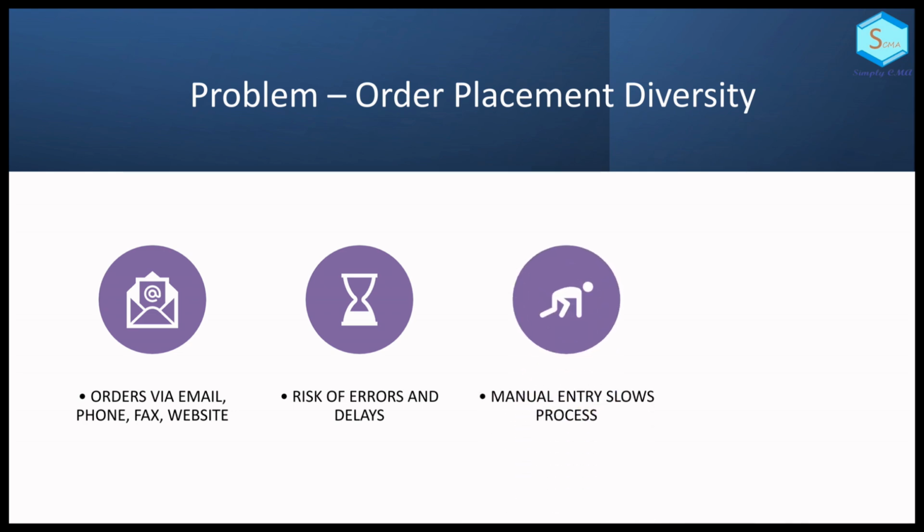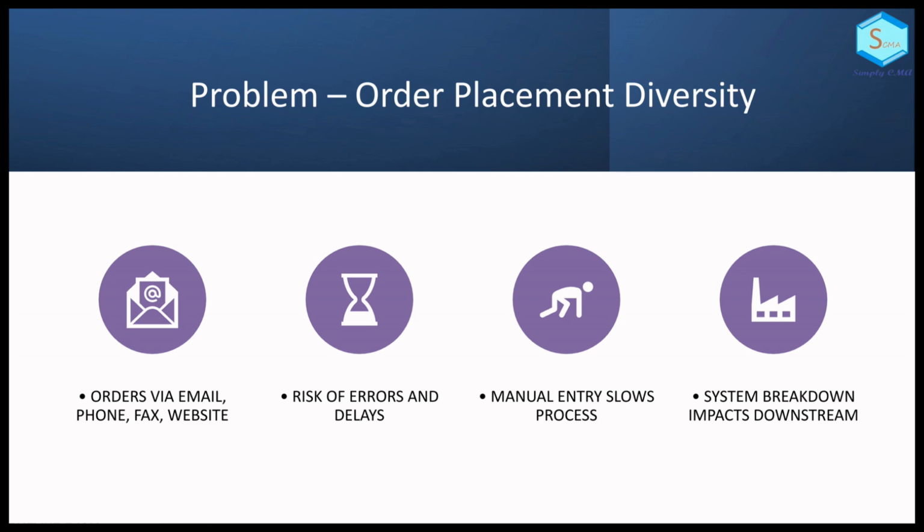Manual entries are time consuming and reduce process efficiency. A single error at this stage can disrupt the entire chain of the O2C process, causing shipment delays in future, and payment issues may also arise in future because of these problems.